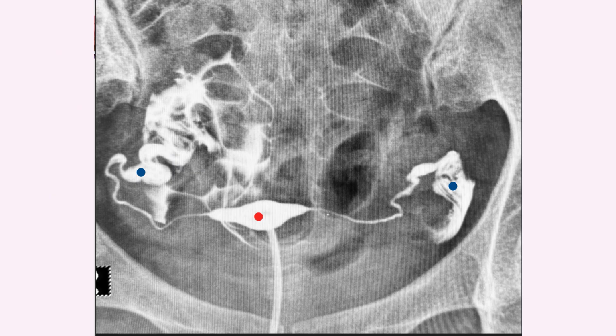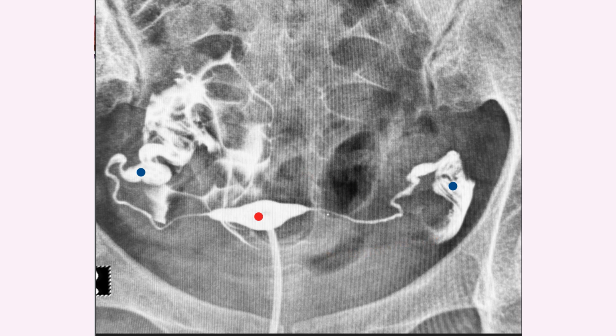So this is a static image of a hysterosalpingogram being conducted, and the red dot here is showing the uterine cavity, and the dye has been introduced into the uterine cavity, and then the dye can be seen to flow into the fallopian tubes on the right side and on the left side, and then start spilling through into the peritoneal cavity, here as well as here.